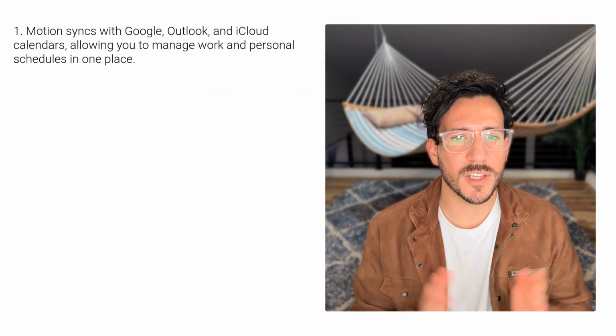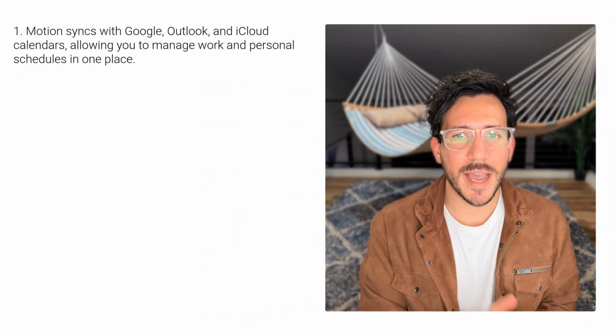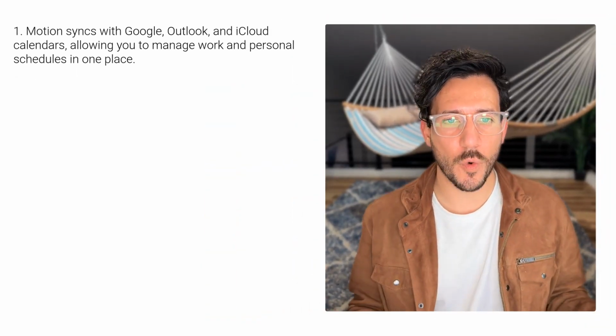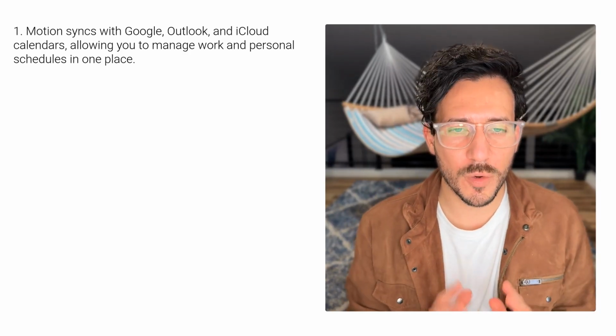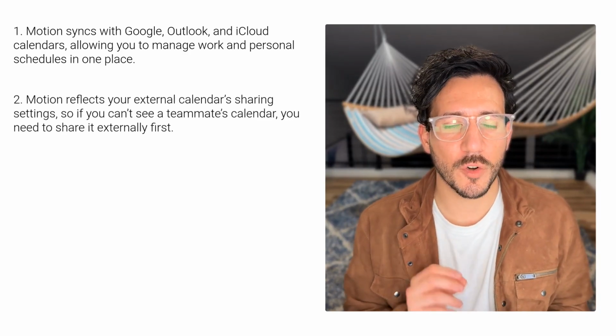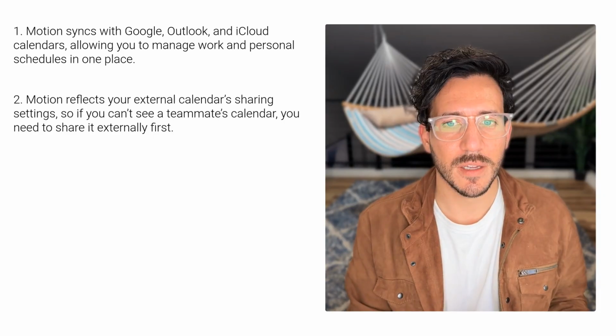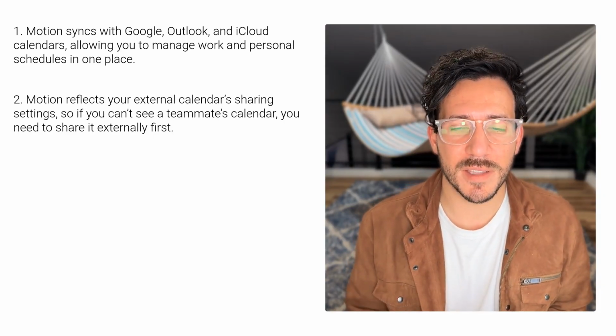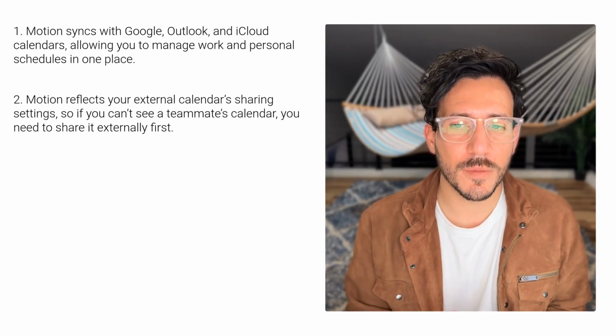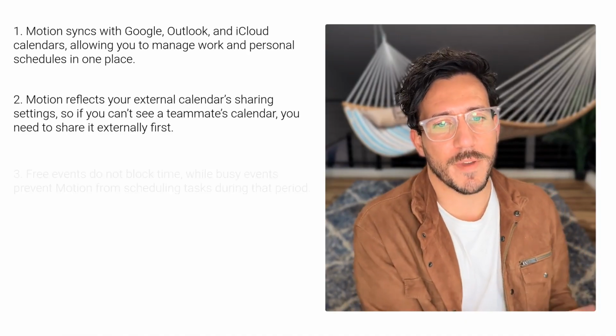Okay, so let's go ahead and recap what we've covered. Motion syncs with your Google, Outlook, and iCloud calendars, allowing you to manage work and personal schedules all in one place. Motion reflects your external calendar's sharing settings. So if you can't see a teammate's calendar, for example, you need to make sure to share it externally with your provider first.